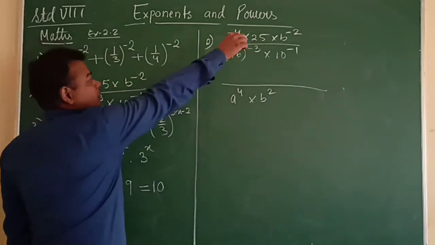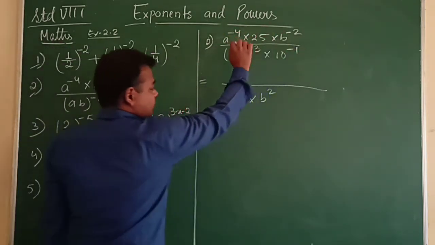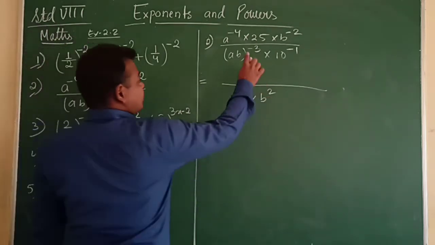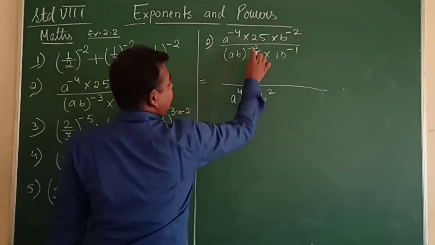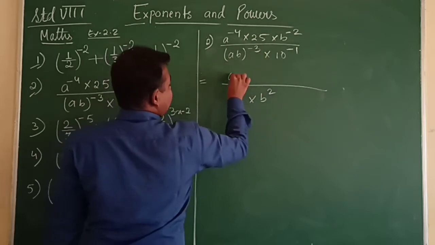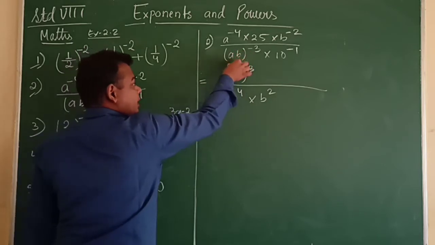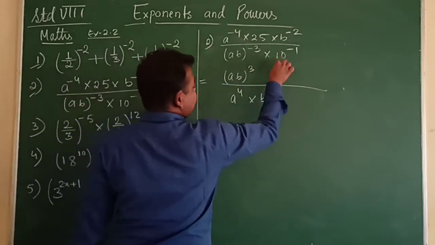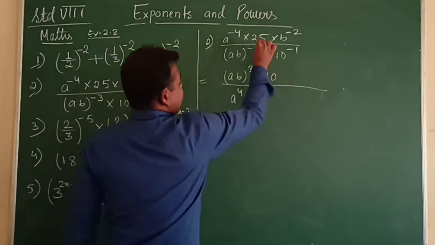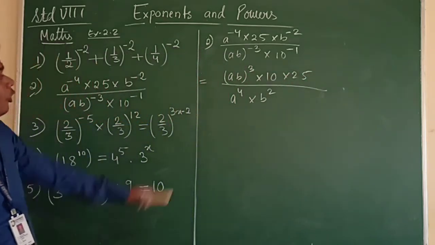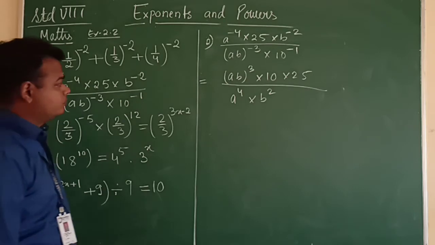In the first step, these two were in the numerator, but in the second step, these two are in the denominator. Similarly here, ab to the power minus 3 is in the denominator. It will become ab to the power plus 3, from denominator to numerator. Similarly for 10. And this 25 will be written as it is. Now you can see all the powers are in positive form.